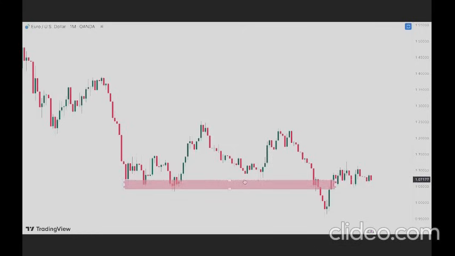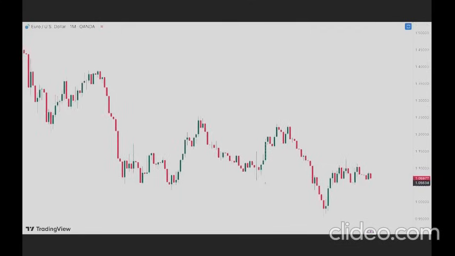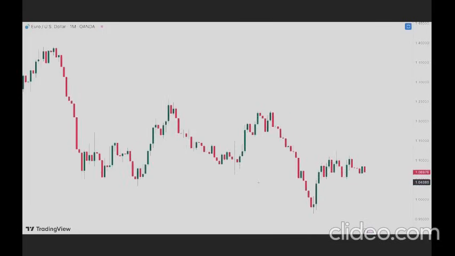So let me take this out. Okay, so that is just a rough overview of how the market trades.